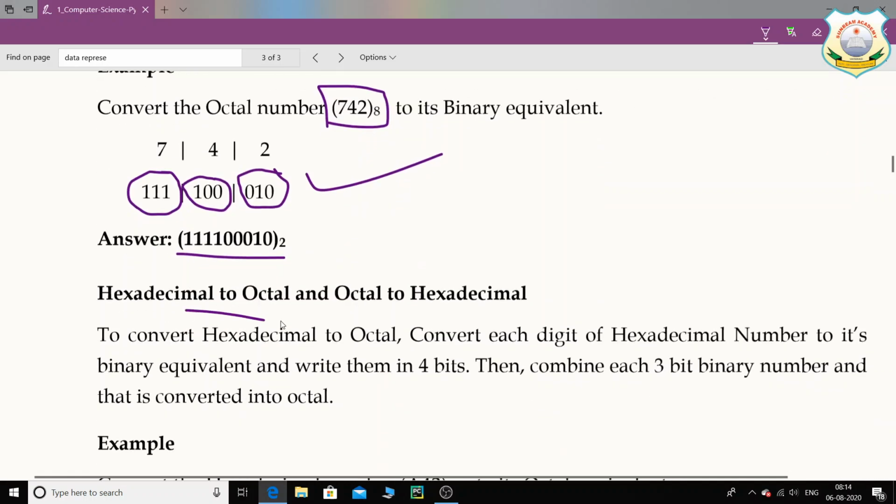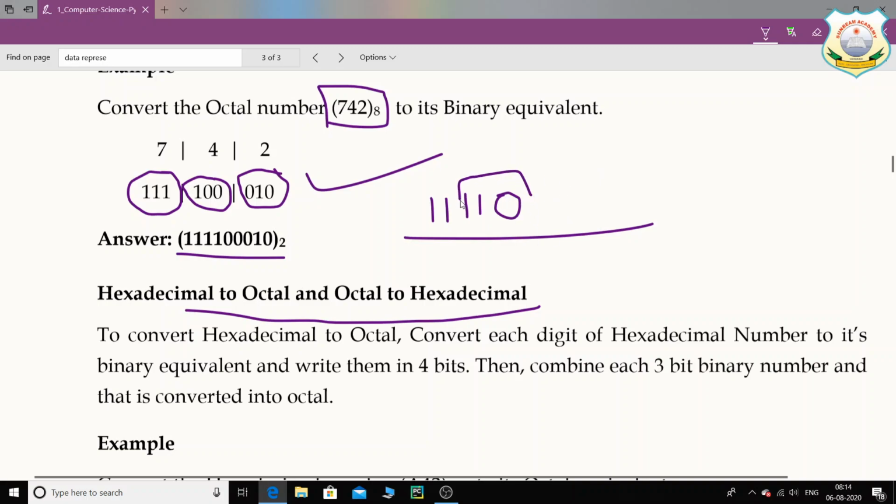Then hexadecimal to octal also so simple. And then again, if you have this binary, convert that into octal. What are you going to do? If this is the number 11111, you know, this is the number. Then if this is a binary number, convert this into octal. So I have to make groups of 3. This is the first group and this is the second group, and there is 1 0 that I need to add.